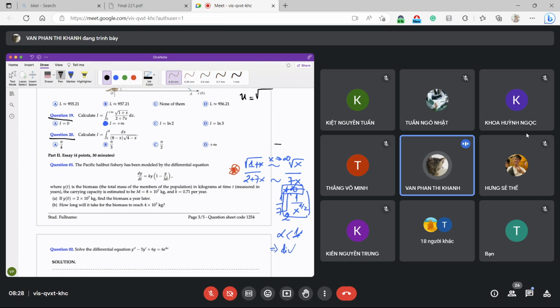Let u be square root of 1 plus x, right, class? When we have the square root of ax plus b, let u be that. So du will be what? dx over 2 square root of 1 plus x. Okay, x here equals what? u squared minus 1.